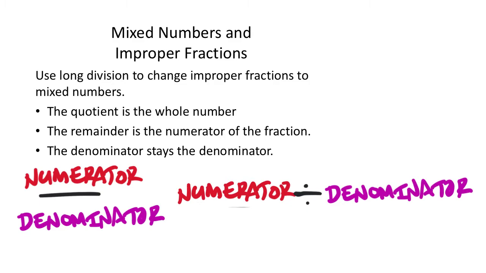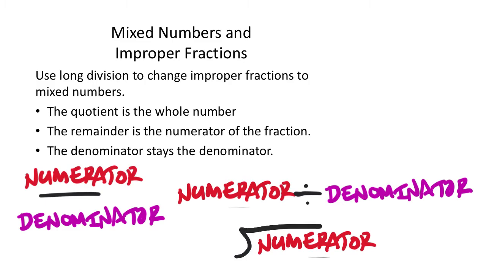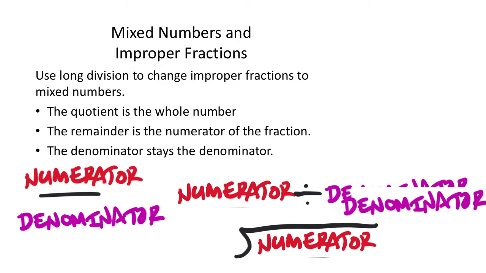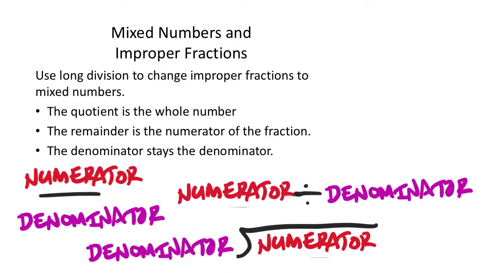Well, this is telling us to use long division. Okay, no problem, right? That means we're going to take that numerator. There we go. And this would be the dividend, so that should be on the inside of the long division. And then the denominator should be on the outside. Okay, so there we go. It should set up something like this.